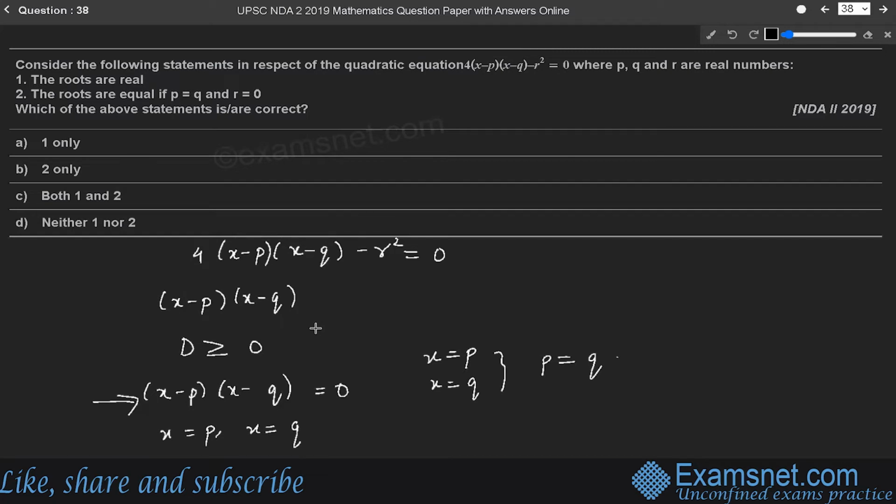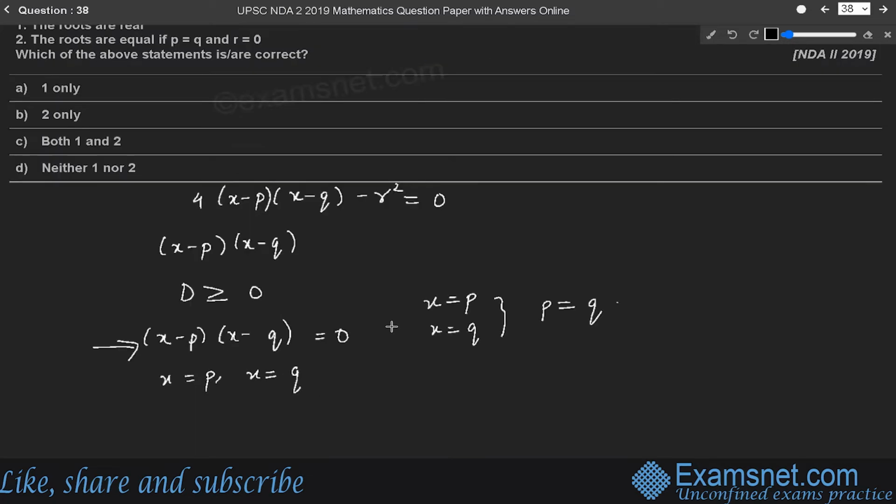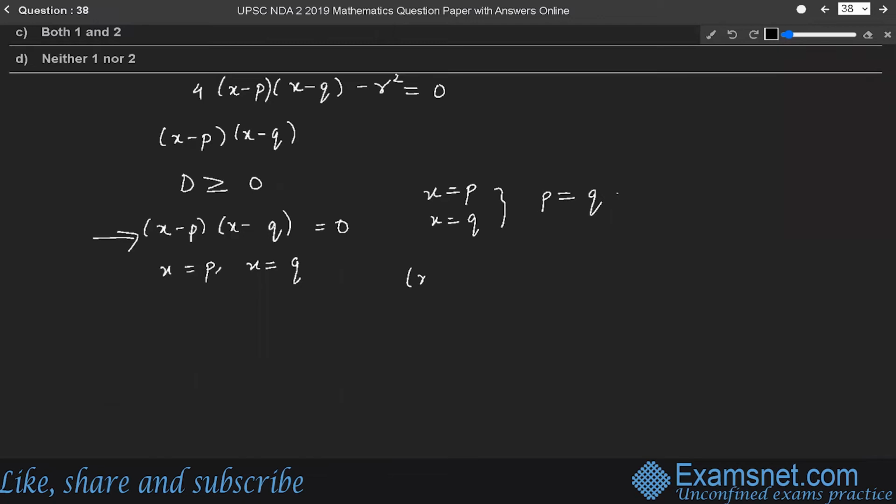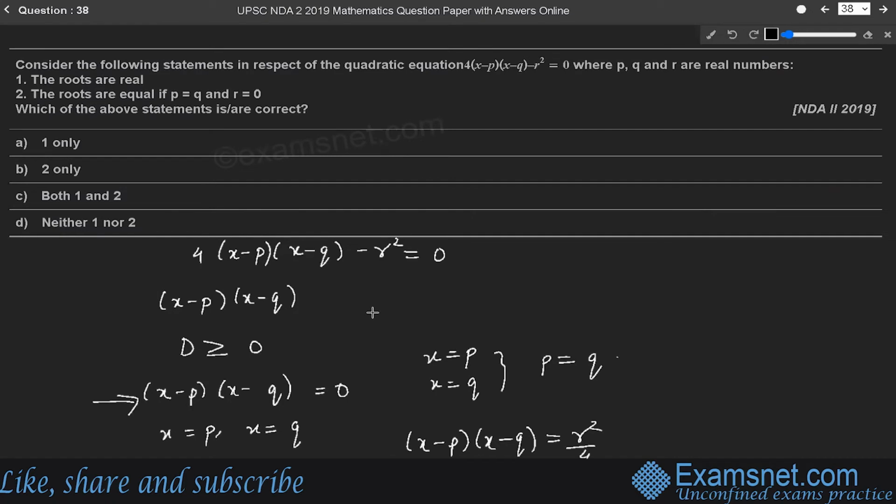So, we can say that the second statement also is correct. And (x - p)(x - q) is equal to r²/4. Therefore, r will be equal to 0. So, we can say that the second statement is also totally correct. So, the correct option here will be both 1 and 2, which is option number C here.